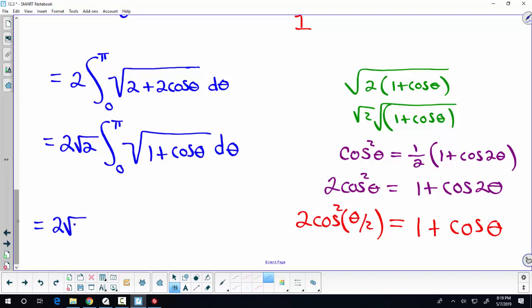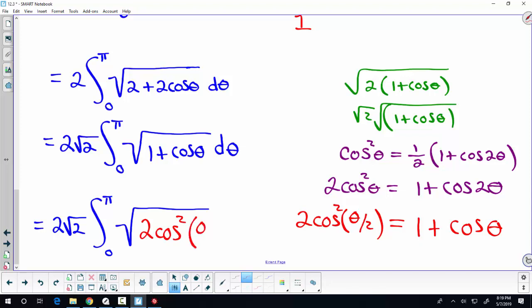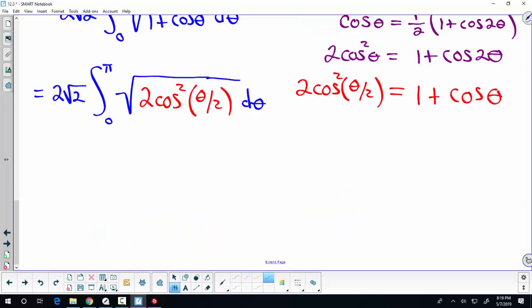It's 2 square root integral 0 to pi. Since we're going from 0 to pi, we can actually have the square root of 2 and the square root of cosine squared.